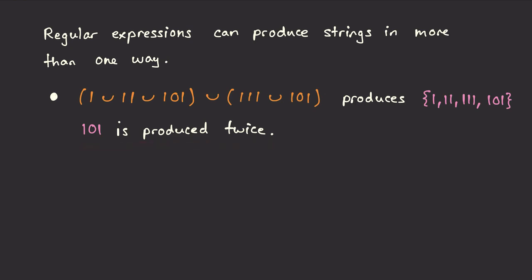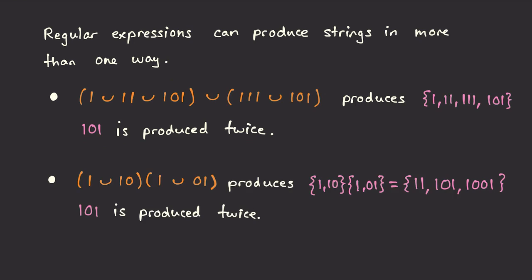This can also happen with concatenation. If I have the regular expression 1 cup 10 concatenated with 1 cup 01, then that will produce the set 11, 101, 1001. But when we're computing this set, we produce the string 101 in two different ways, because there are two ways of getting 101 as the concatenation of a string in the first set and a string in the second set.